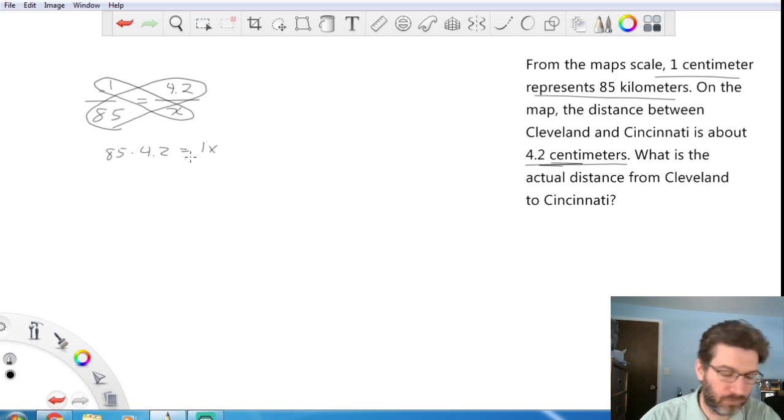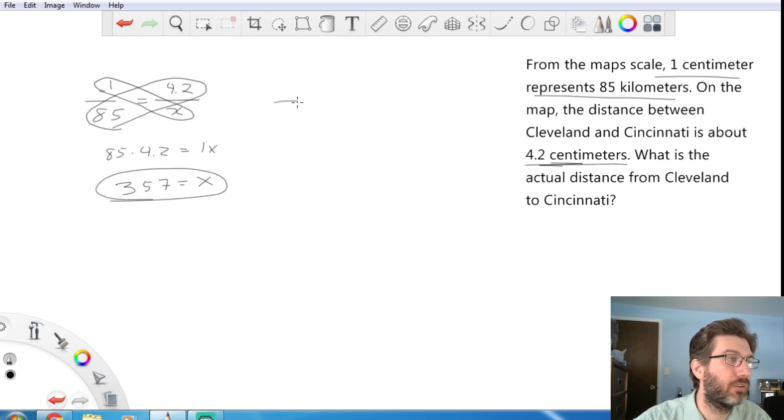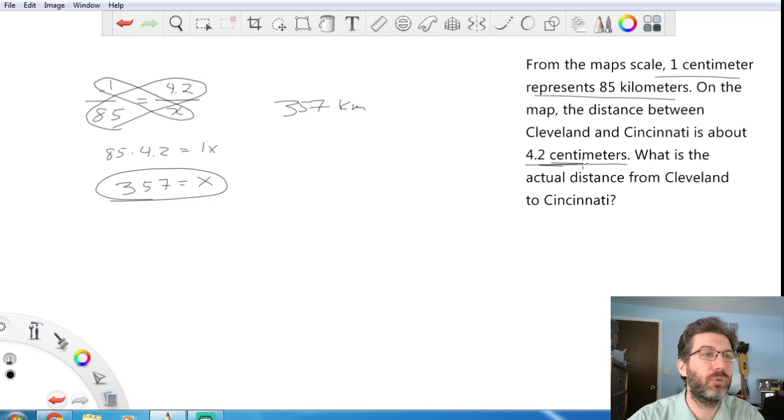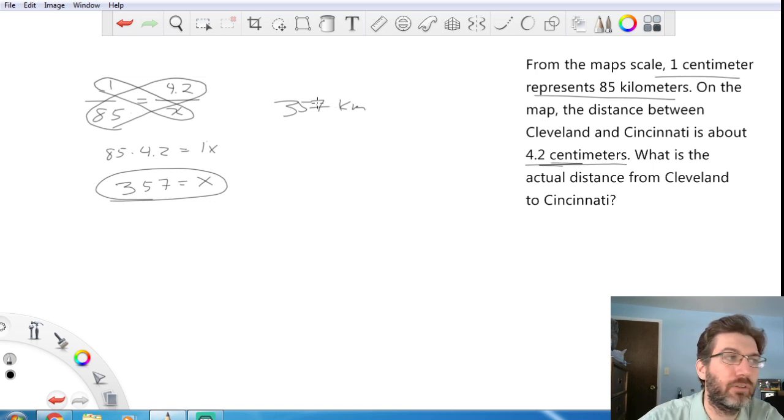This can be solved into 85 times 4.2 gives you 357, and this just reduces down to x, and in this case that's your answer. So you're looking at 357, and what is that? Kilometers. So on this map, 4.2 centimeters is equal to 357 kilometers in real life.